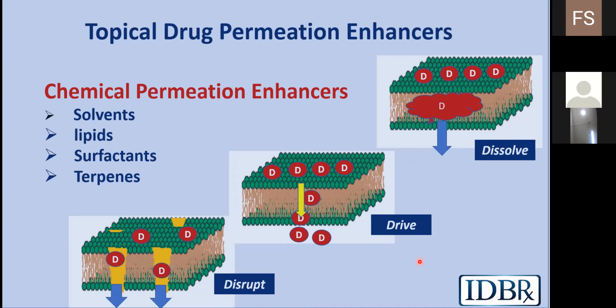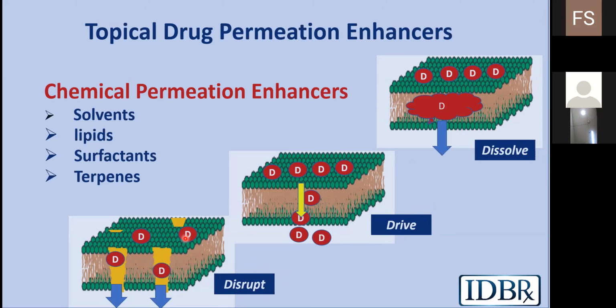They enhance the partitioning of drug in the stratum corneum, or they act as solvents that would enhance the thermodynamic potential or thermodynamic energy of the drug molecule to get driven across the stratum corneum. Or there are chemical permeation enhancers that disrupt and disorganize the organized lipid structures and pave pathways for the drug molecule to permeate across the skin.